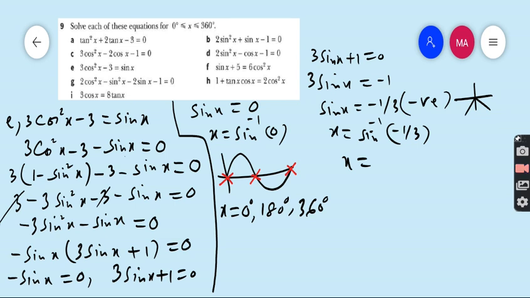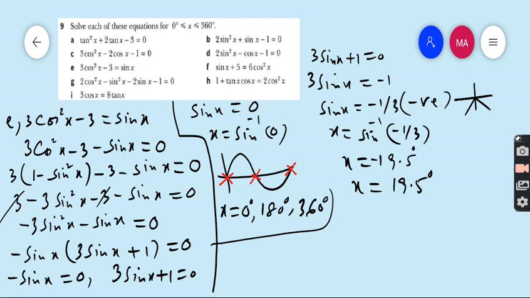It is equal to minus 19.5, but because we are doing only positive angles, we will consider that this is a basic angle, and basic angle is always positive. But this is not our final answer.